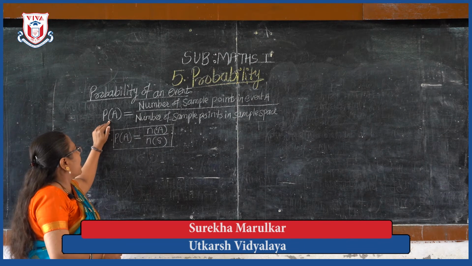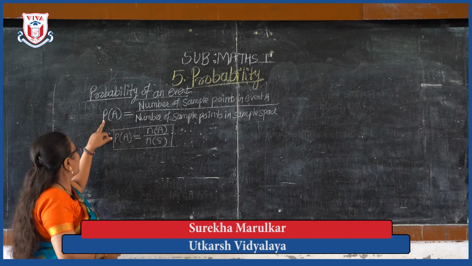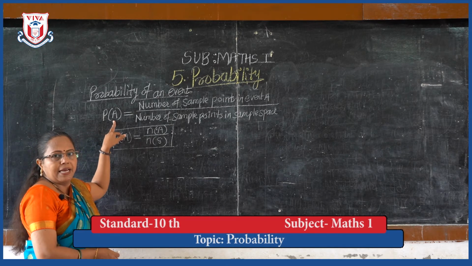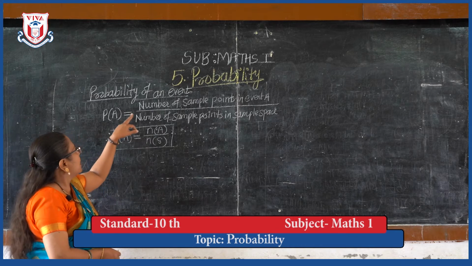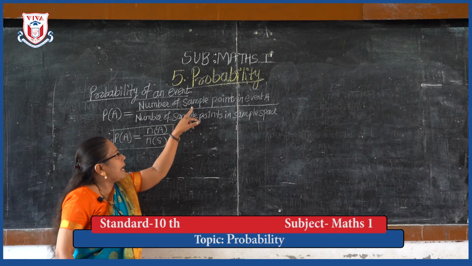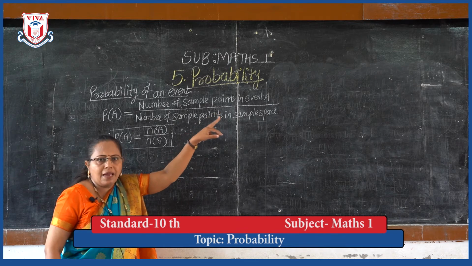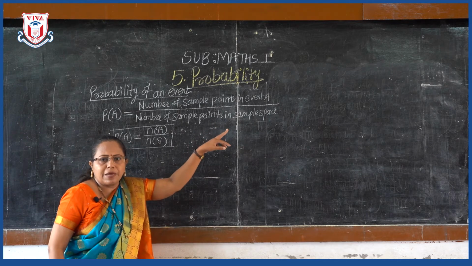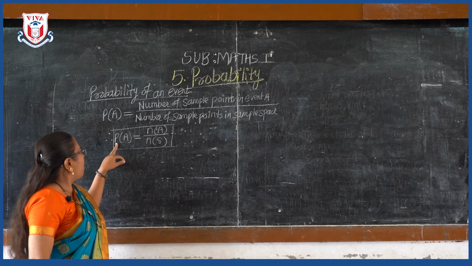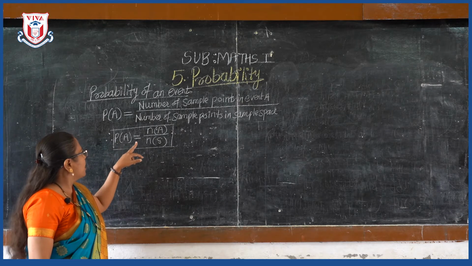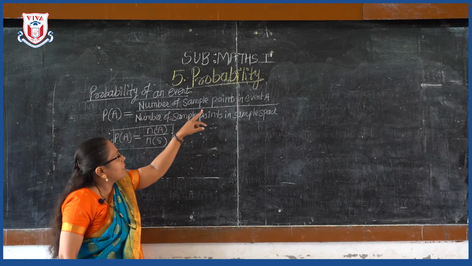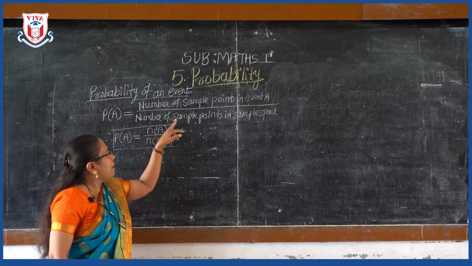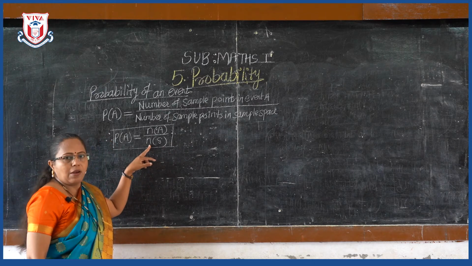Probability of event A is written as P(A) and read as probability of event A. P(A) is equal to the number of sample points in event A upon the number of sample points in the sample space, written as n(A) divided by n(S).